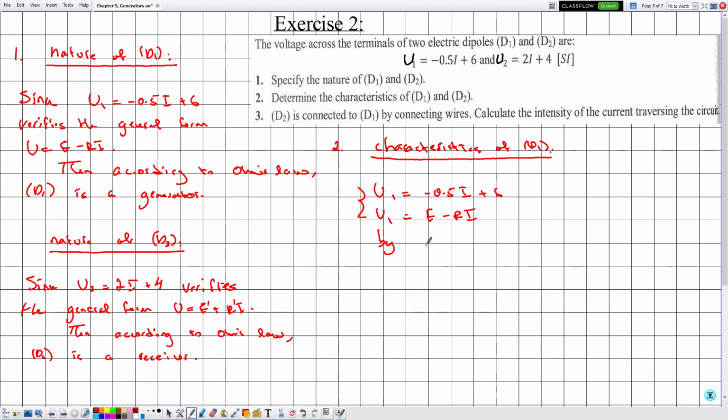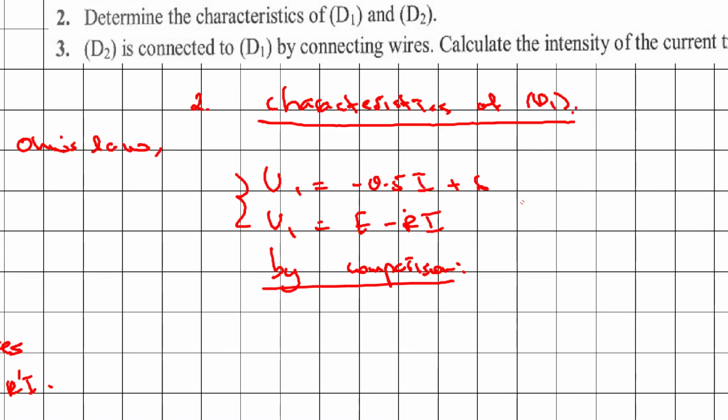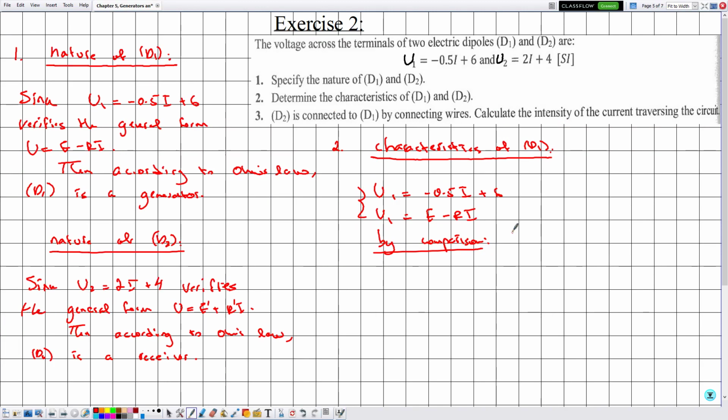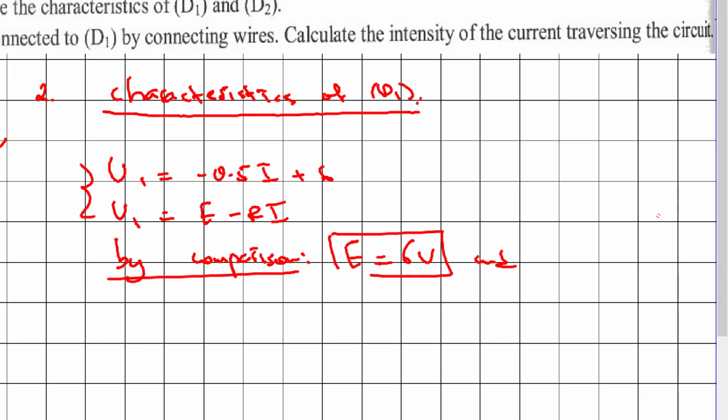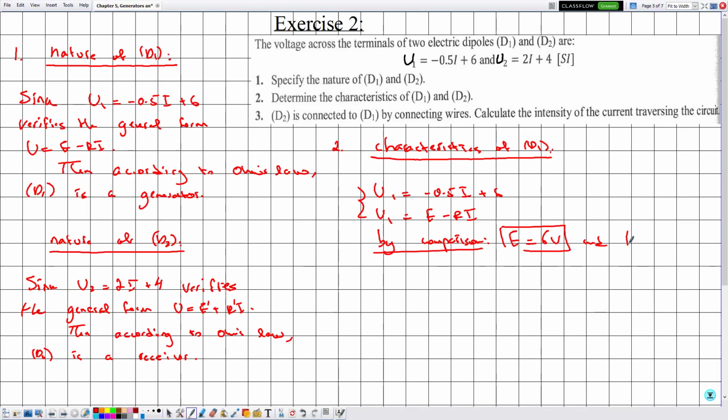Then by comparison, let's start by comparing the constants. So the electromotive force is given by 6 volts, and now comparing the linear term, we can see that the coefficient of I in both cases is minus R, which is equal to minus 0.5. Minus cancels out with minus, so R is equal to 0.5 ohms because the internal resistance is always positive.